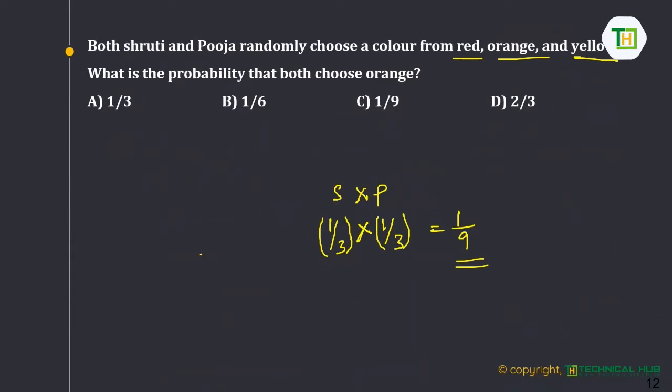So probability question 12: both Shruti and Pooja randomly choose a color from red, orange, and yellow. What is the probability that both choose orange?